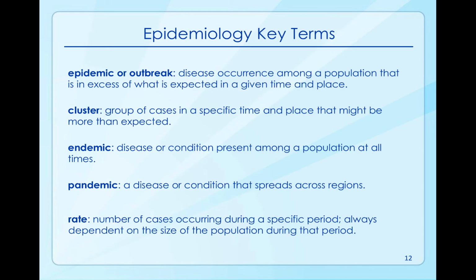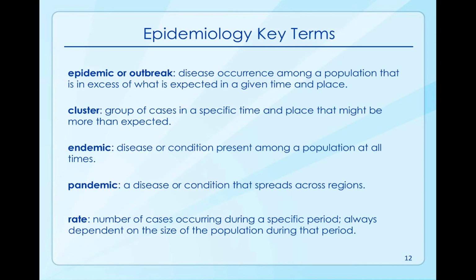These are some terms you probably know, but let's go over them a little bit. An epidemic or an outbreak is when there is an unusually large occurrence of something in a population. It's more than you would expect. We hear this talked about from time to time with the flu.